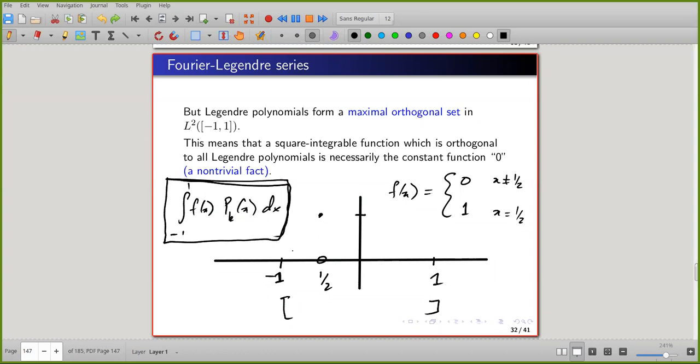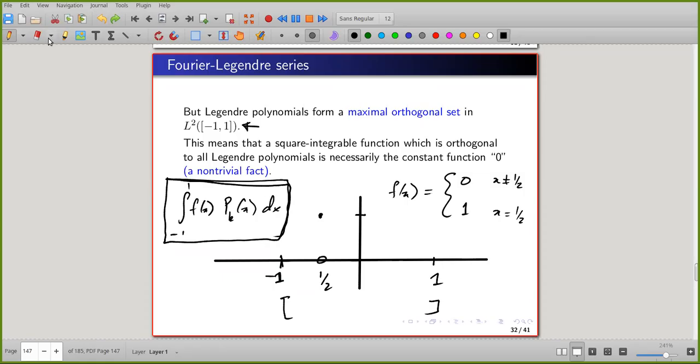Because this new function will be 0 everywhere and just at one point it is not. Intuitively, the integral means area under the graph. So the area under the graph is 0, right? But this function is not the 0 function, right? It's not identically 0. However, in L2 of minus 1 comma 1, this function is 0.